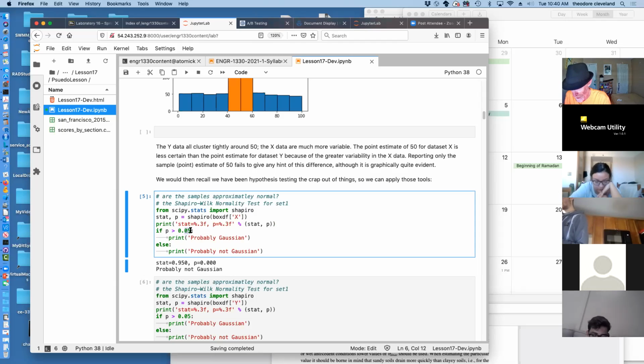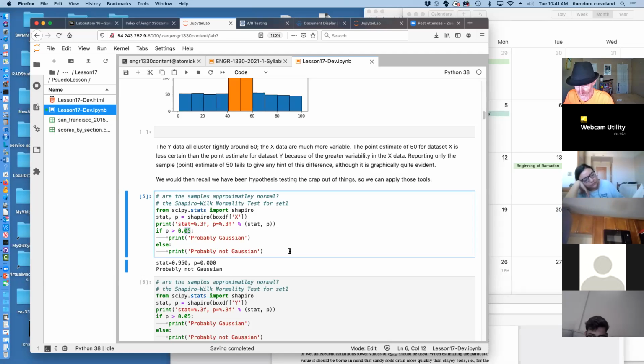And so what that means is the null hypothesis is if indeed these data are normally distributed, then we're assessing the chance that that normal distribution, ironically parameterized by these particular data's mean and variance, produce the observed result.